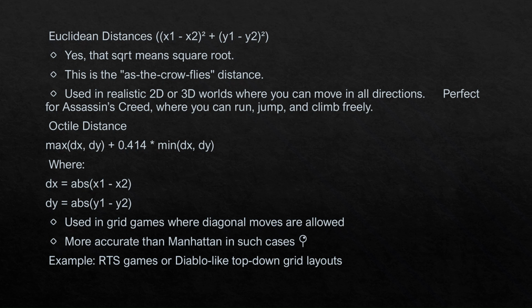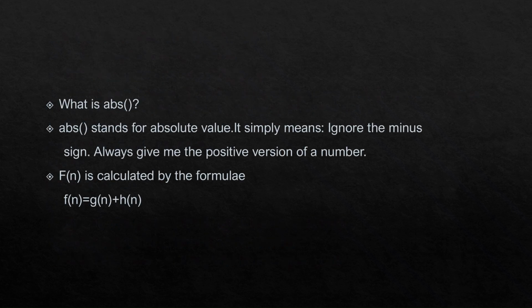It is used in grid games where diagonal moves are allowed, more accurate than Manhattan in such cases. And then what is ABS? ABS stands for absolute value. It simply means ignore the minus sign. Always give me the positive version of a number.